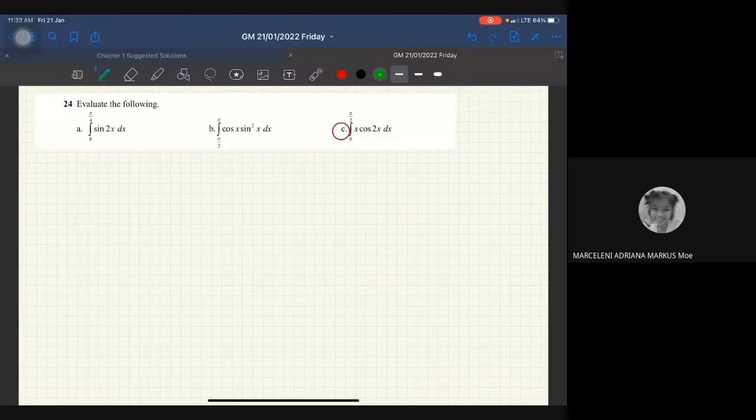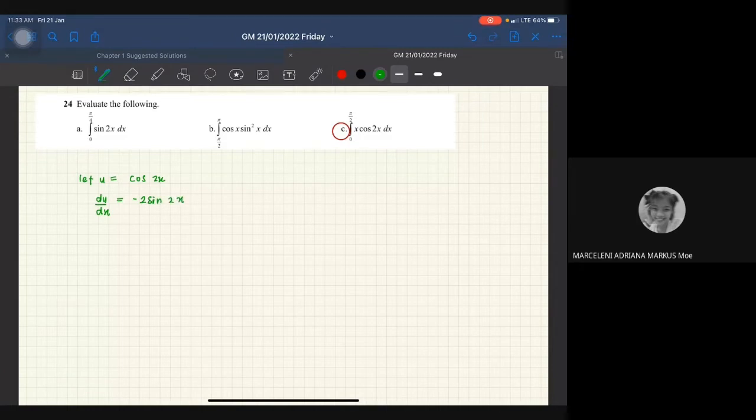Cos 2x. Okay, so kita try substitution. Alright, let's try substitution. So let U equal to cos 2x. Okay, so we have du dx equal to negative 2 sine 2x.